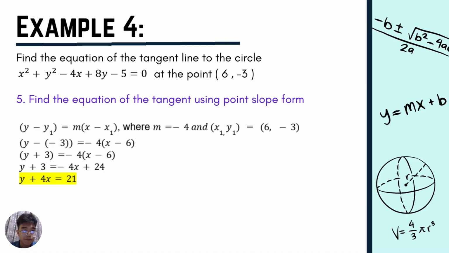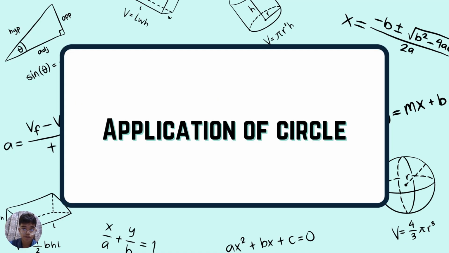With that, we will have y plus 3 is equal to negative 4 times (x minus 6). Now we will solve for our right hand side. So we will have negative 4x plus 24. Therefore, the equation we will have is y plus 4x is equal to 24.